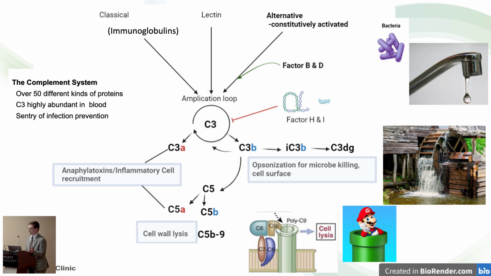And that's the point of this: once you turn on this C3 amplification loop, what you have is inflammatory cells called in by C3a, opsonization to kill the invading microbes by C3b, and cell wall lysis through this bottom pathway here, C5b-9, or membrane attack complex.